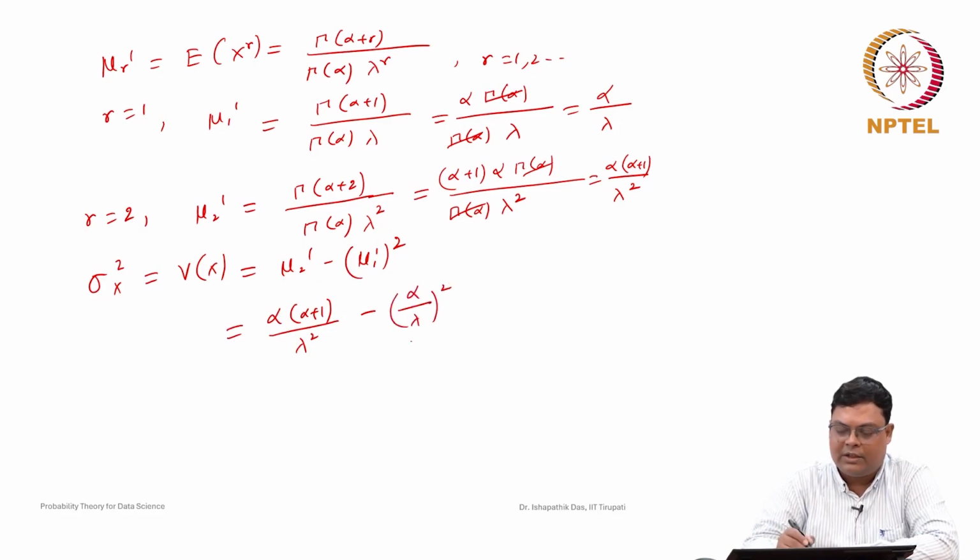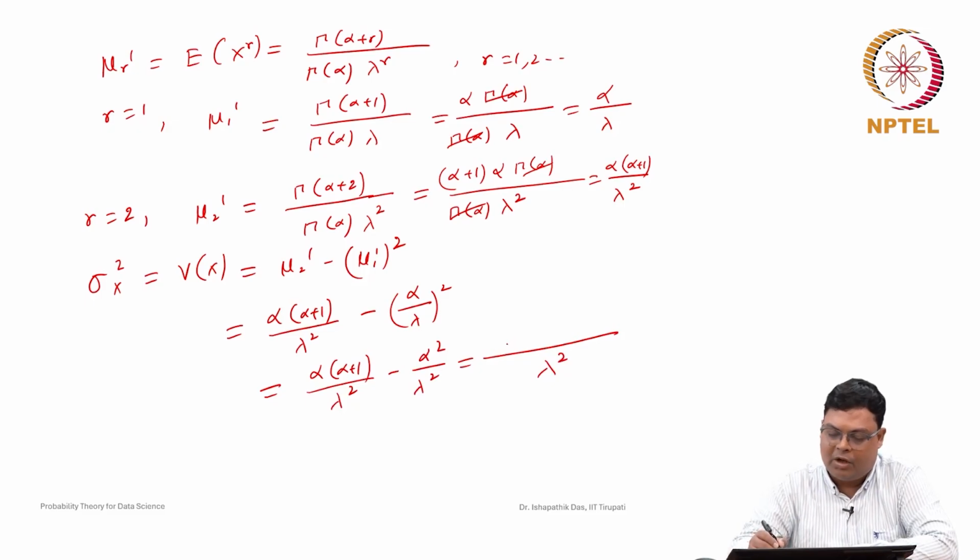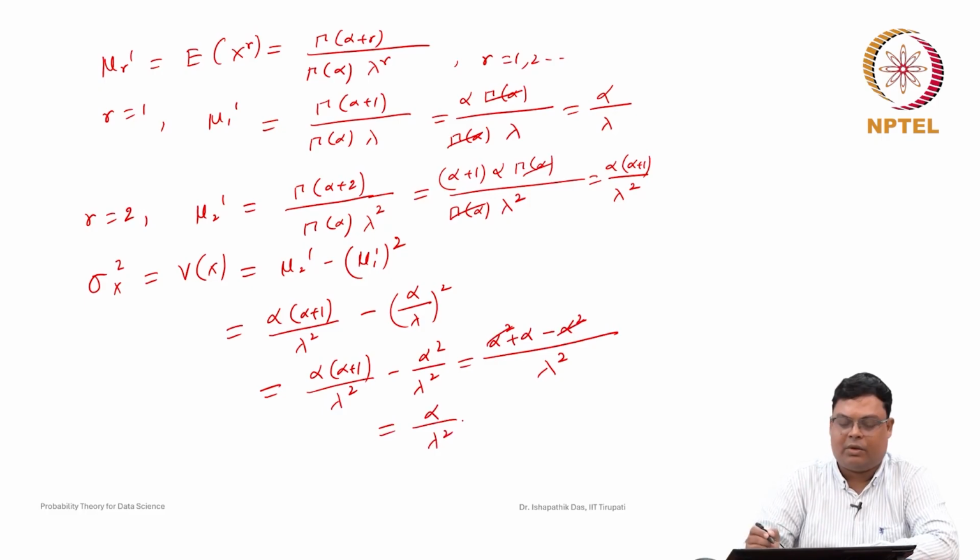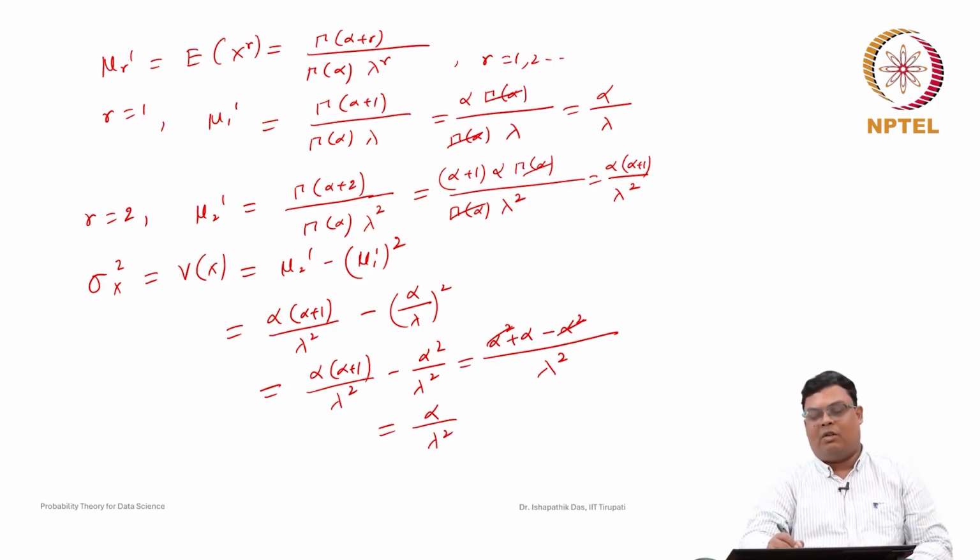So, this is alpha into alpha plus 1 by lambda square minus alpha square by lambda square, which is equal to 1 by lambda square times alpha square plus alpha minus alpha square. So, this cancels, and this is nothing but alpha by lambda square. So, the variance of the gamma random variable is alpha by lambda square, and the mean of the gamma random variable is alpha by lambda.